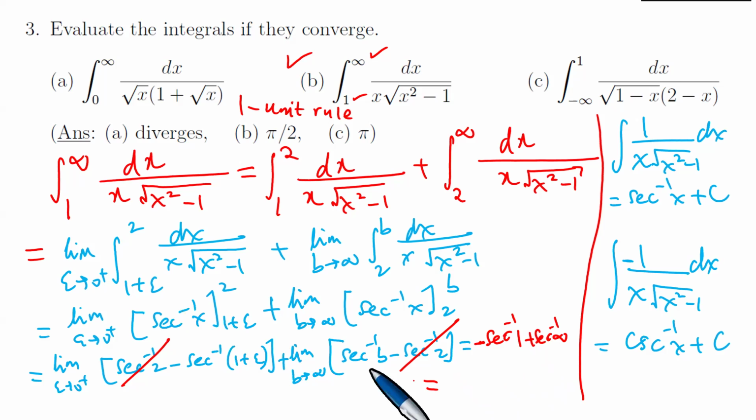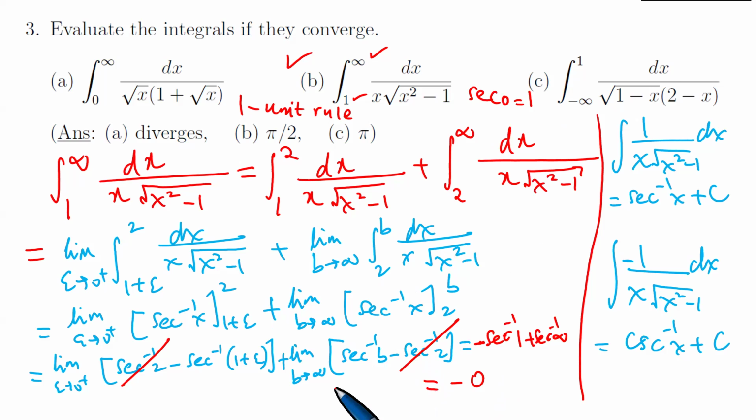Then what is arc secant of infinity? When is the secant infinity? These are the things you need to check. Arc secant of 1 is 0, because the secant of 0 is 1.